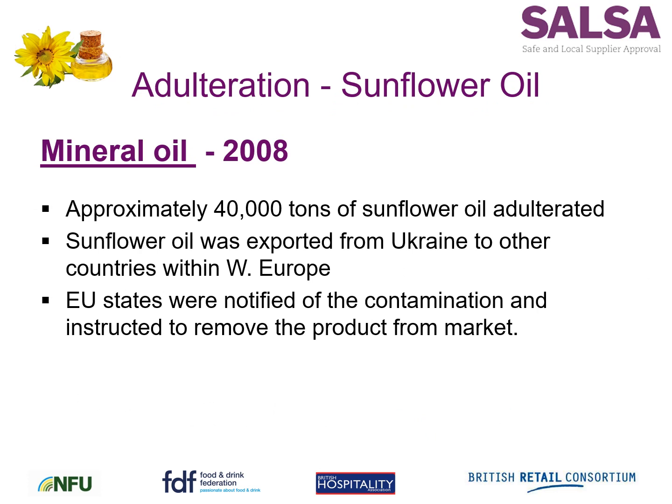Another example of adulteration is sunflower oil, which was contaminated with mineral oil. Approximately 40,000 tonnes was exported from the Ukraine to other countries within Western Europe. There were no reported illnesses, but its safety was unclear, so businesses were instructed to remove the product from market.